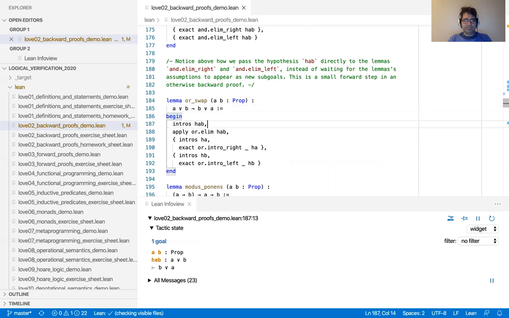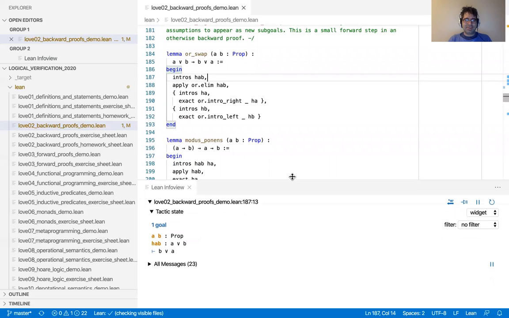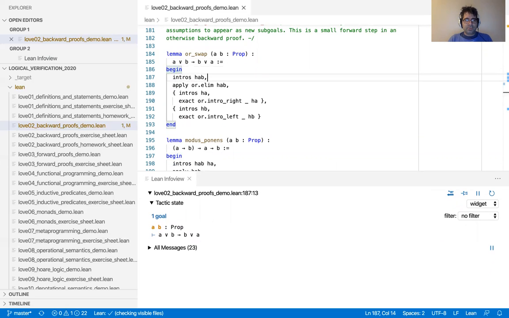Here's another example with an OR. This time I'm not redoing it from scratch, I'm just showing it. So first we do some introduction again. Then we have HAB here. We have B or A here. So now we have a priori the choice. Should we work on the hypothesis?